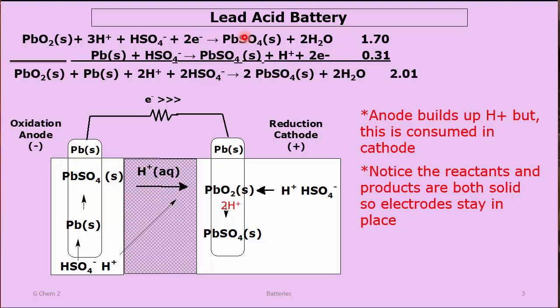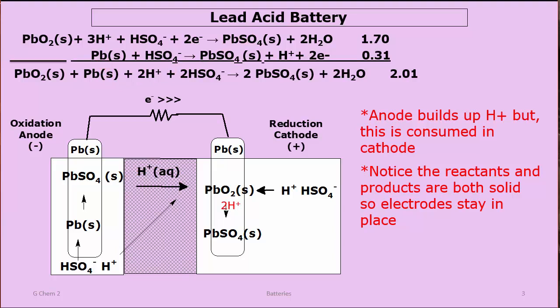So the lead doesn't just flake off and go into the solution like we saw in, for example, the copper electrode or the simple electrodes we've studied in previous studies. So this is the key to making it rechargeable: you can't have electrode materials going into aqueous or gaseous state and leaving, or else you'd have a heck of a time trying to recharge the battery, especially in an active electrode like this, where it didn't flake off.